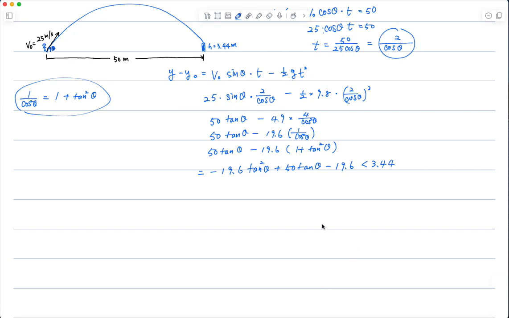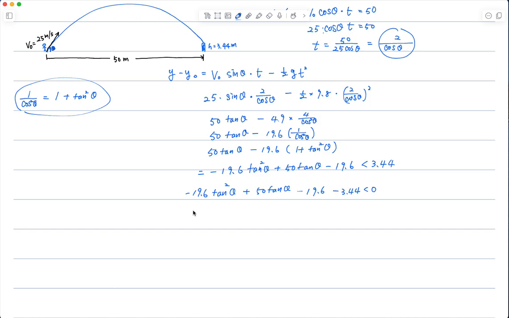So in order to solve this, I have negative 19.6 tangent squared theta plus 50 tangent theta minus 19.6 minus 3.44 less than 0.